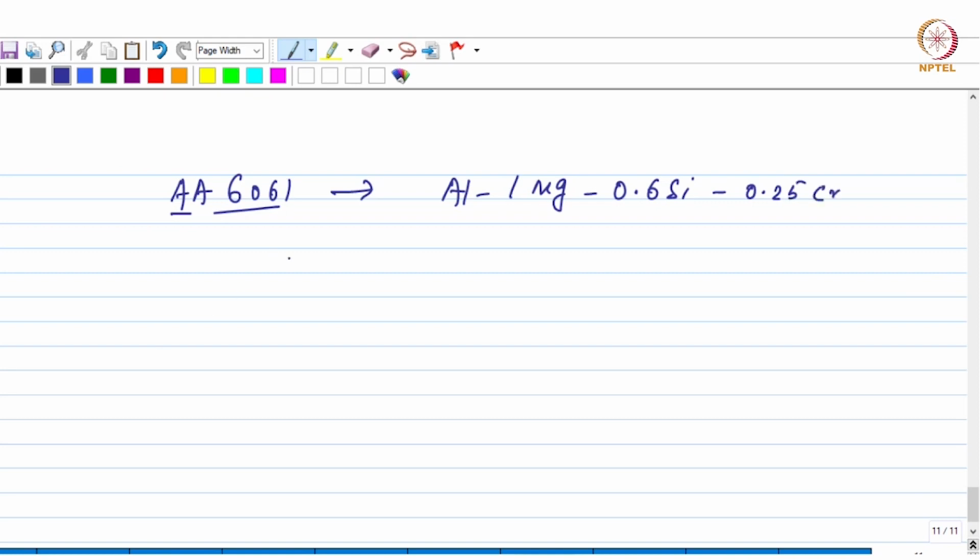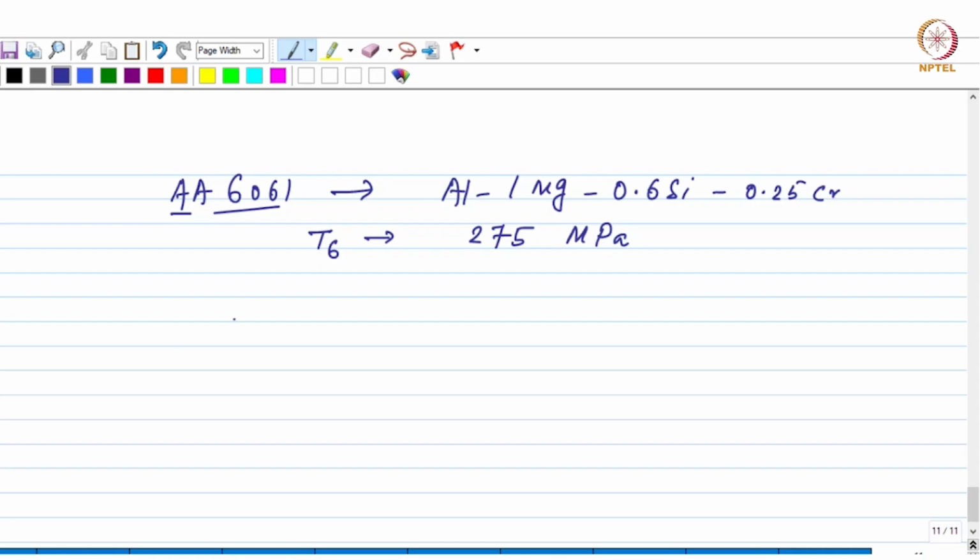And this is used in T6 condition, that is artificially aged to peak hardness. And in this condition, it gives a yield strength of 275 MPa. Okay.